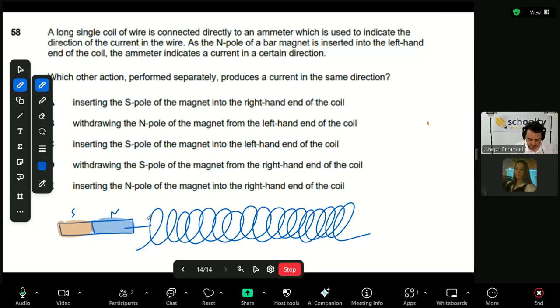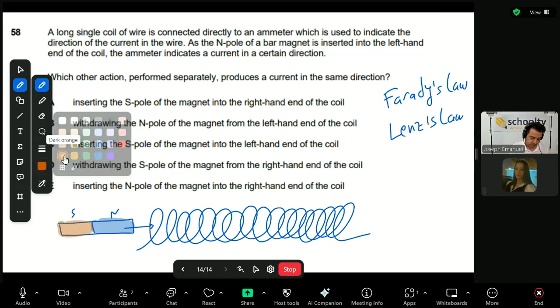So the north enters, the positive, so you have a positive magnet going inside. So you have Faraday's law, and you have Lenz's law. Basically, the current should produce the opposite magnetic change, flux.